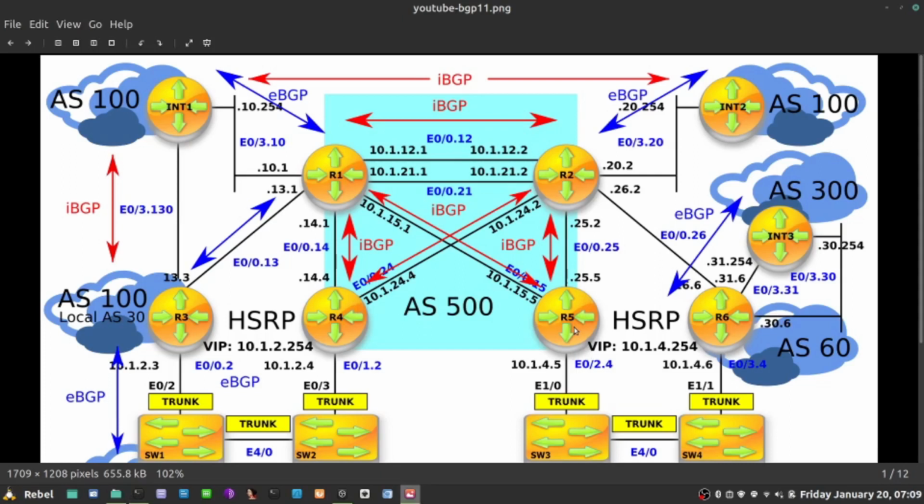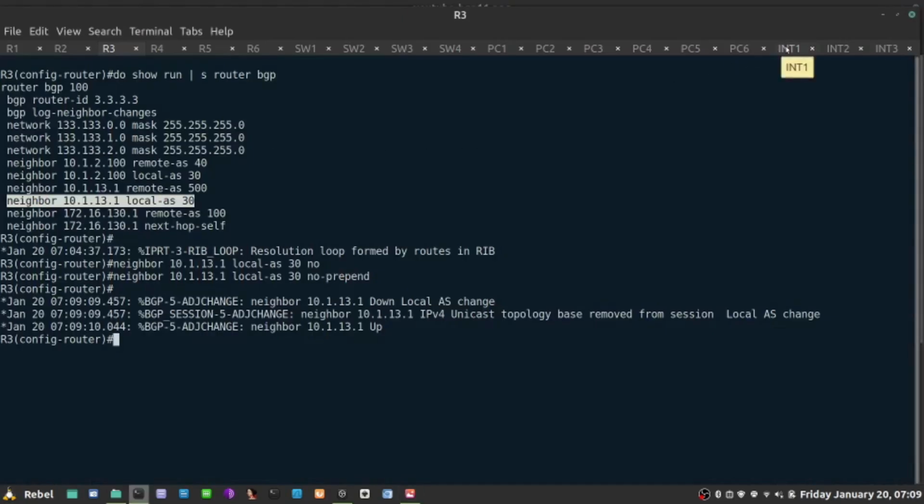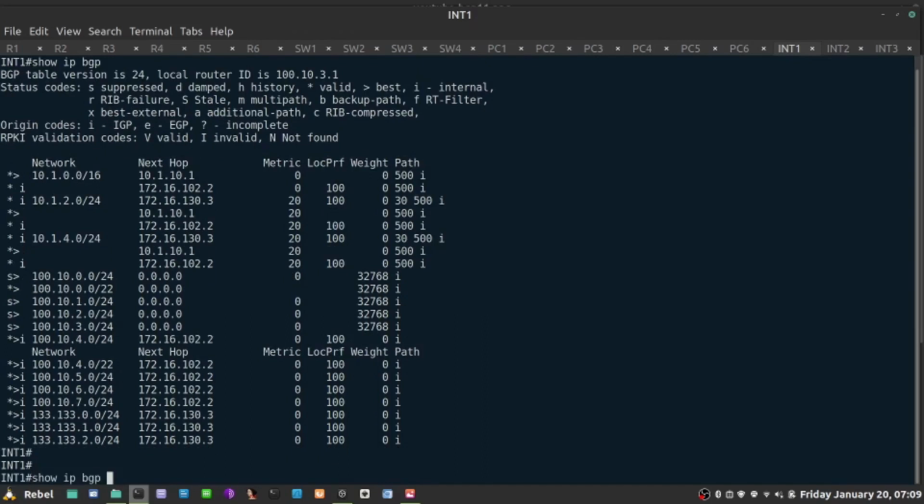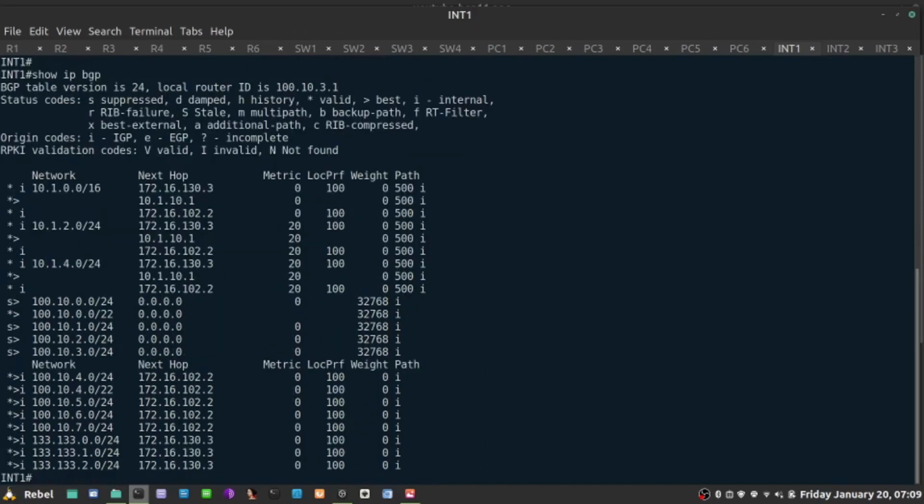So now when R5 is advertising that prefix 10.1.4.0 to R1 and goes to R3 and goes to Internet 1, let's see what the result is now. Let's repeat our command show IP BGP, and we see that this particular neighbor now is not prepending the AS30, which in reality doesn't exist.